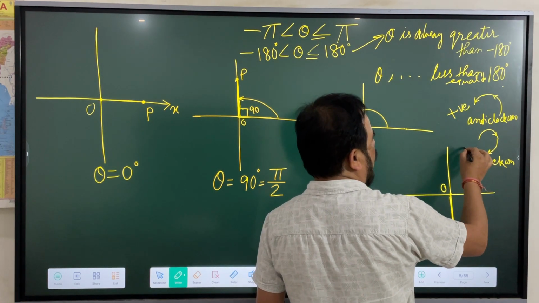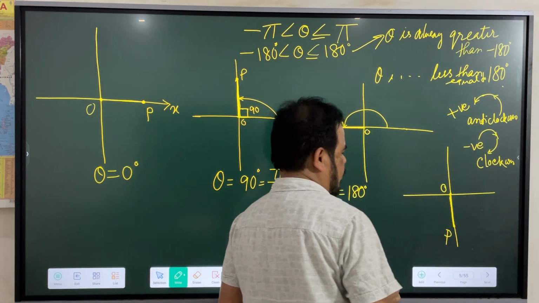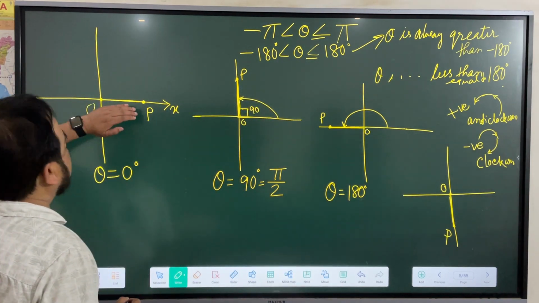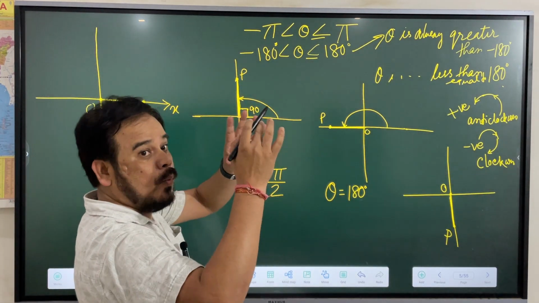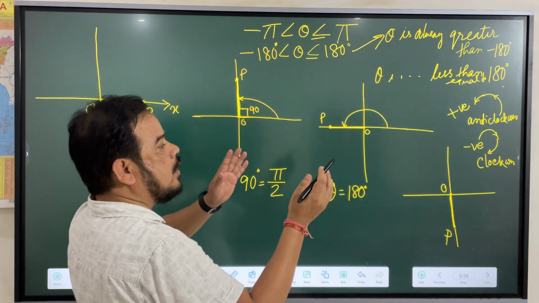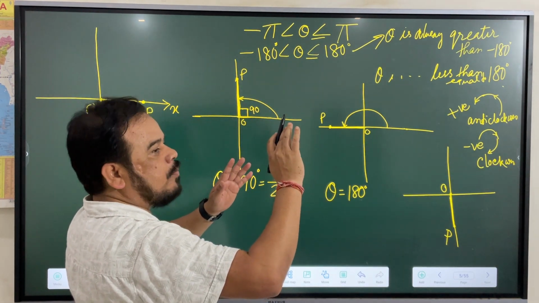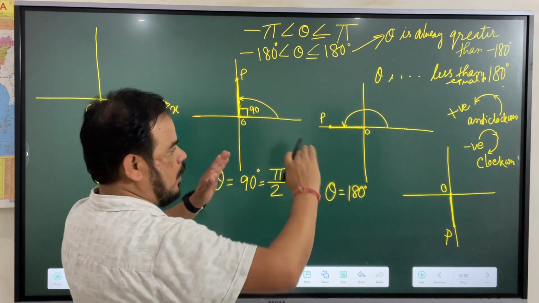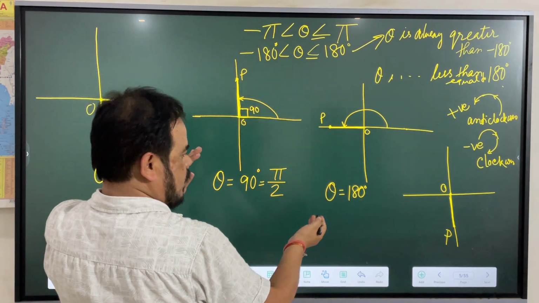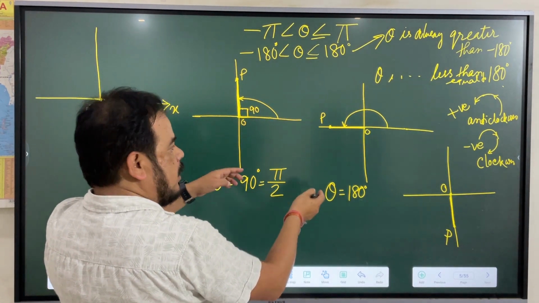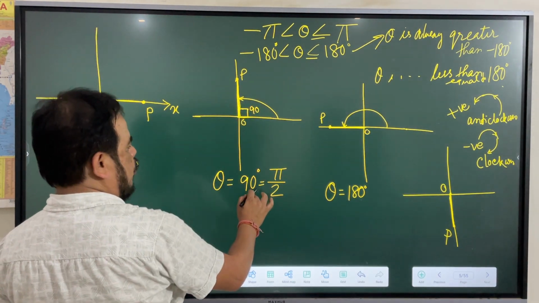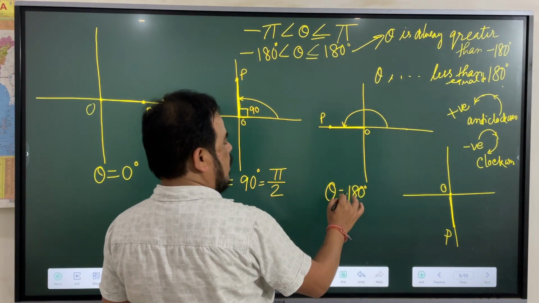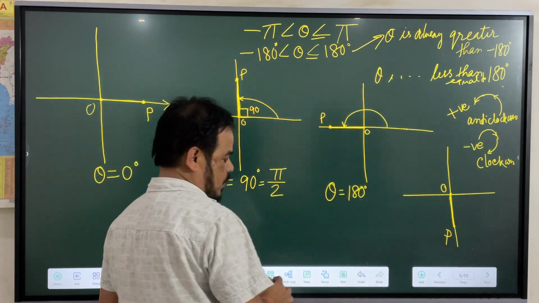When it is clockwise, it will always be negative. If you see the wall clock at your home, the hands of the clock always move this way. This is clockwise, so it will be negative. This is anti-clockwise, so it will be positive.